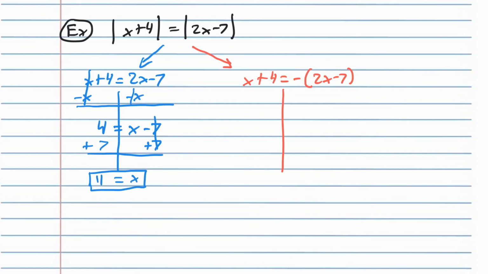Good. For the second one, we do have to distribute this negative, which is why we needed those parentheses. So when you distribute that negative, we get negative 2x, and then negative negative makes positive 7. And then we're doing the same thing. We want to get the x's to one side. Again, it does not matter which x you move. I move the smaller one. In this case, the negative 2 is actually smaller, so I'm going to move that one.